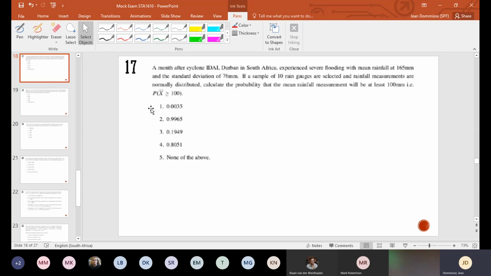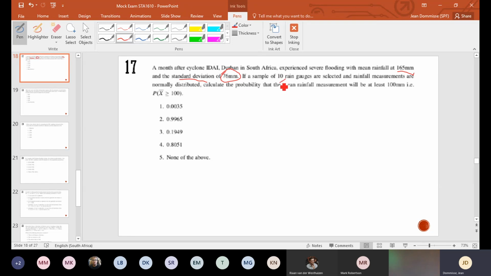A month after a cyclone, Durban in South Africa experienced severe flooding with a mean rainfall of 165 millimeters and a standard deviation of 76 millimeters.